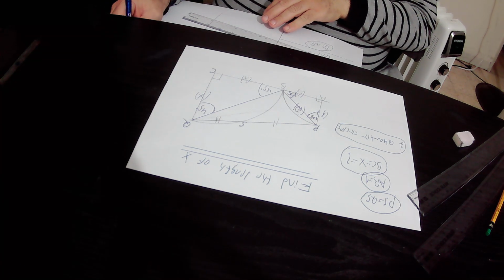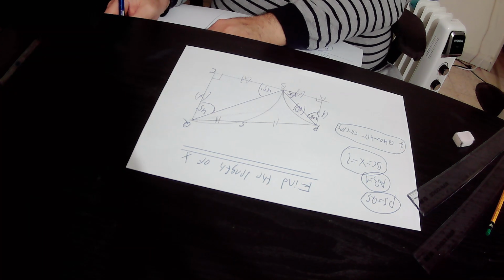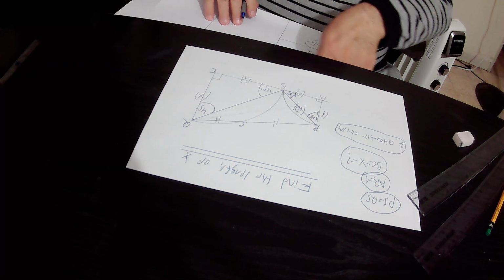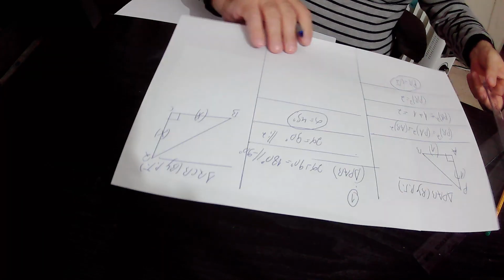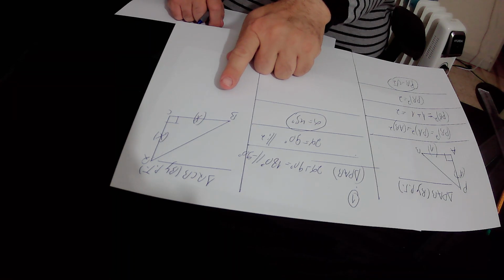Here PT is the abbreviation for Pythagoras theorem. So actually, this is the right triangle QCB that I copied from the original drawing.